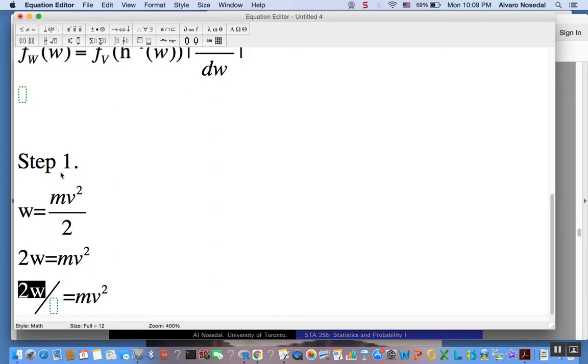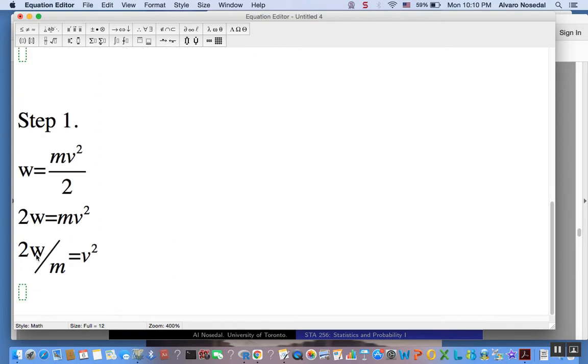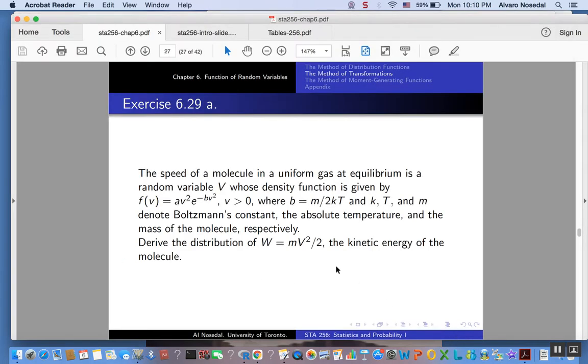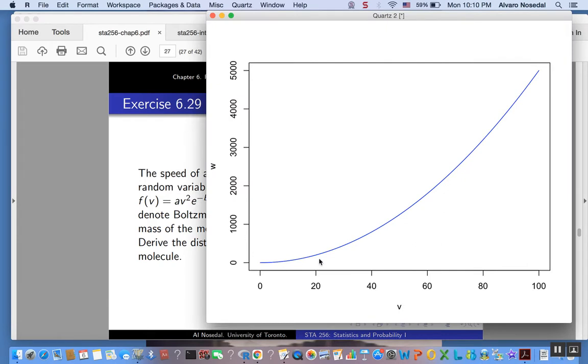Well, it works. We divide by m on both sides, and then finally we take the square root on both sides, and since v is positive, when we take the square root we have to consider only the positive root.